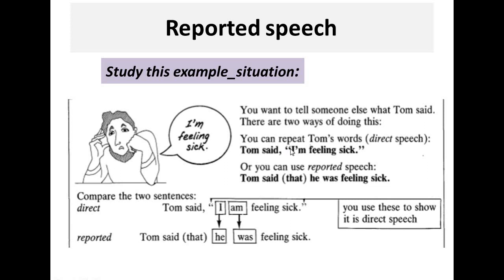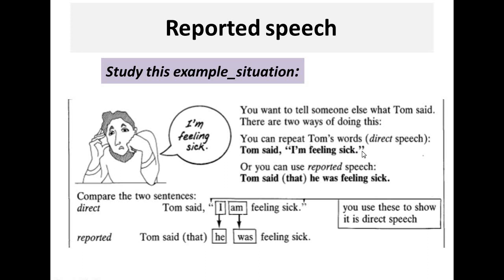You can repeat Tom's words. Tom's words are "I'm feeling sick." So we repeat Tom's words without any change. Repeating Tom's words means direct speech. Example: Tom said, comma, "I'm feeling sick," full stop.